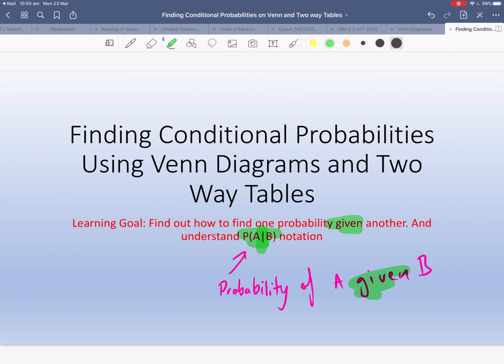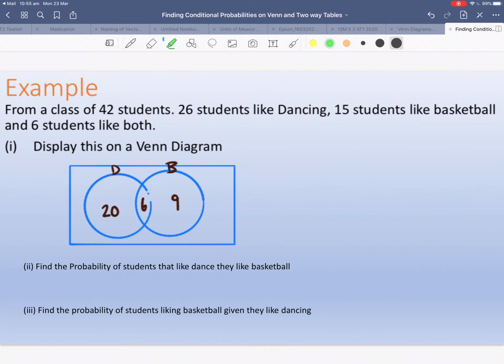Alright, we're going to go straight to an example and see what it looks like. If you've been following the video lessons, we would have used this one before. There's 42 students in a class, 26 like dancing, 15 like basketball, and 6 like both. In a Venn diagram, 6 like both, but in total 26 like dancing, so it's 20 plus 6. 15 like basketball, so it's 6 plus 9.